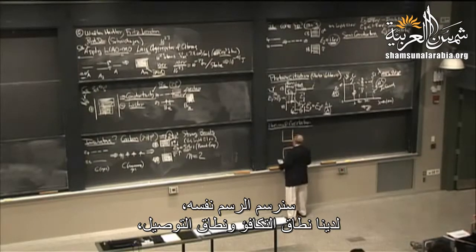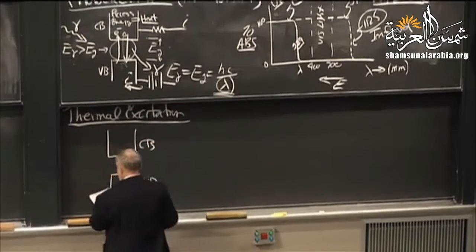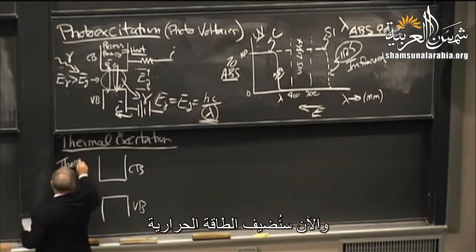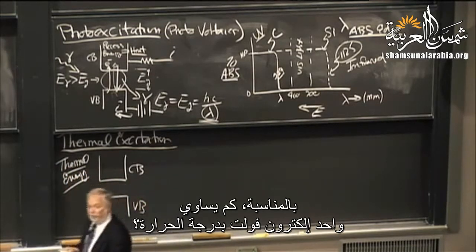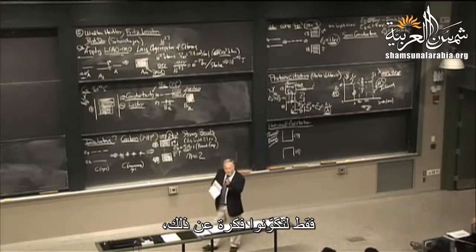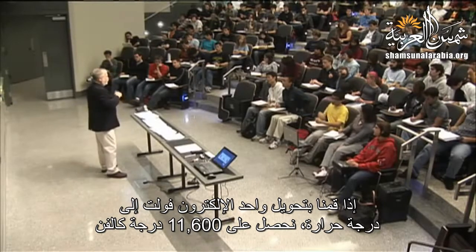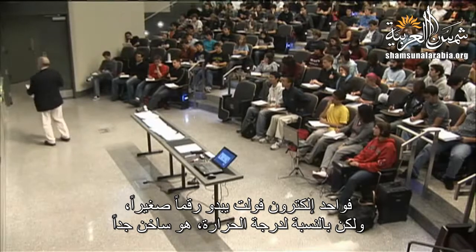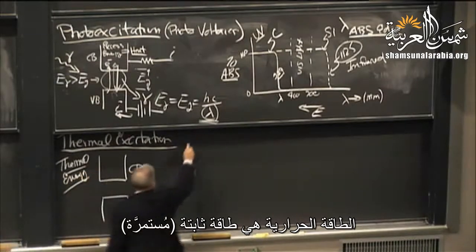We got our material here where we have a valence band, conduction band, and now we add thermal energy. By the way, what's 1 electron volt in temperature? Just to give you a feel, 1 electron volt is 11,600 degrees Kelvin. If you convert that to temperature, 1 electron volt seems like a small number, but in temperature it's pretty warm.